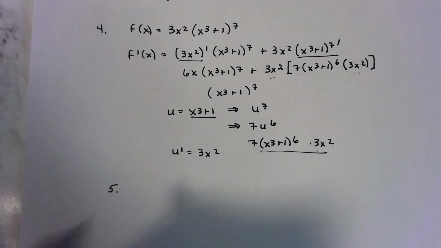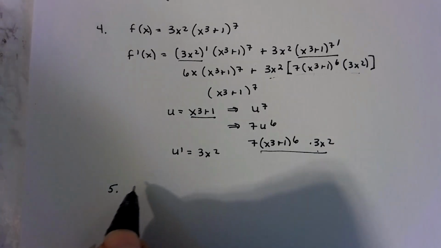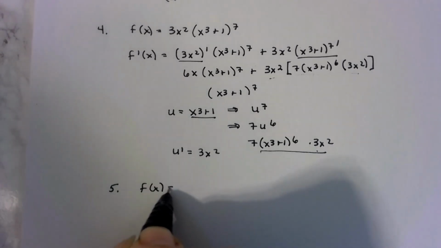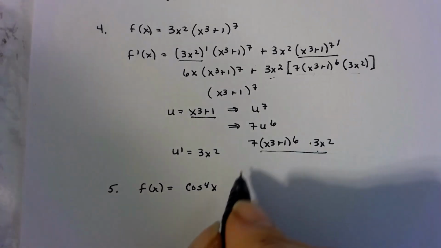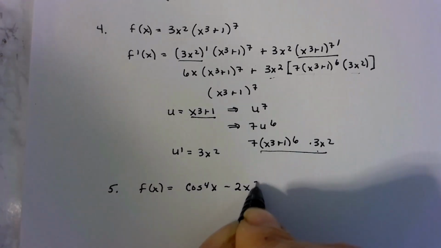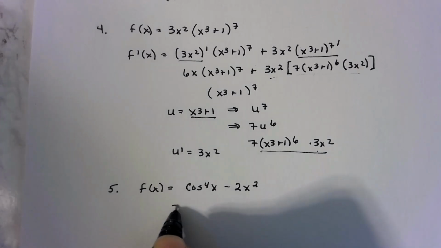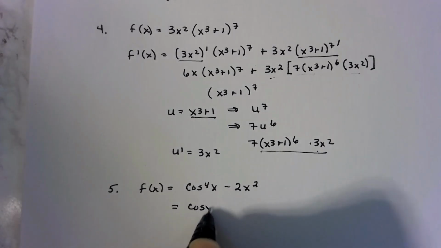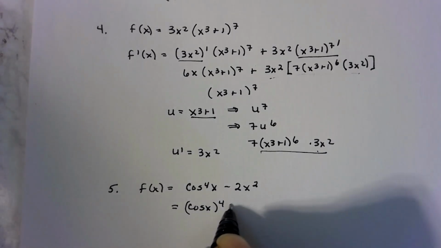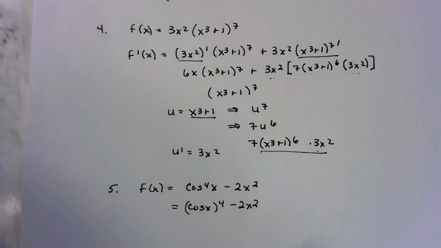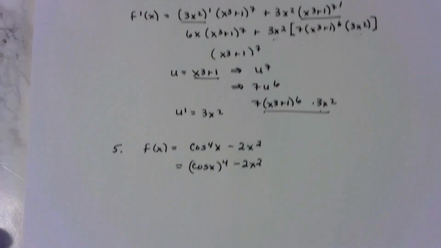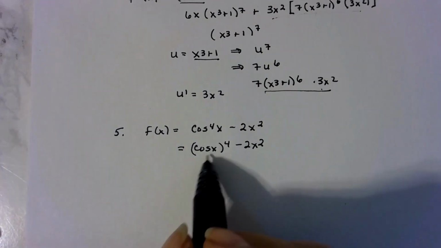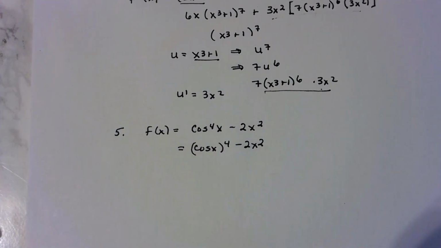Number 5, we have f of x is equal to cosine to the 4th of (x minus 2x squared). I'm going to write this as the cosine of (x to the 4th minus 2x squared). I haven't taken a derivative, I'm just rewriting that because I know how to take the derivative of this, I don't know how to take the derivative of that.